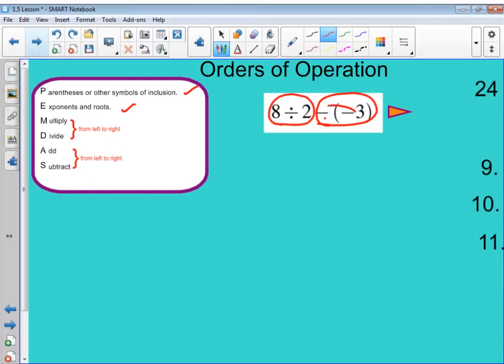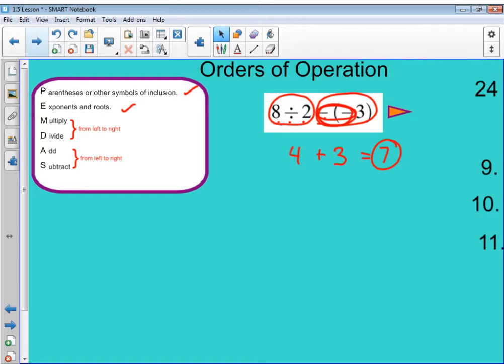So remember what we did back in, I think that was lesson 2 also, when we had 2 negatives right next to each other, it made a plus sign. So if I simplify, well, 8 divided by 2 gives me 4. Simplify this part, gives me a plus sign, and then 3. Now I can go through and finish it out. 4 plus 3 gives me 7 for my answer. Okay, so working those steps.